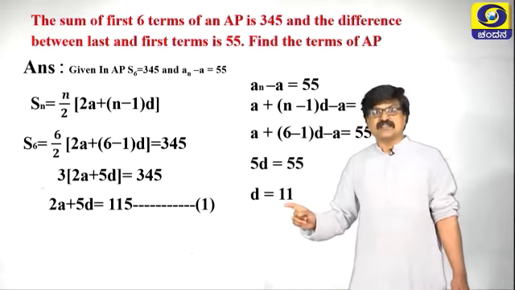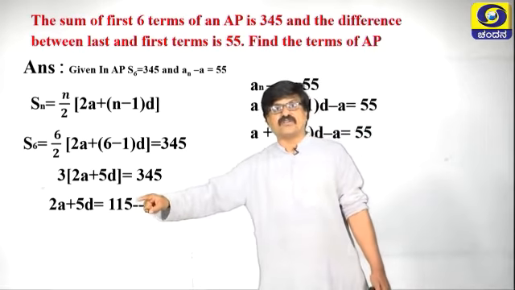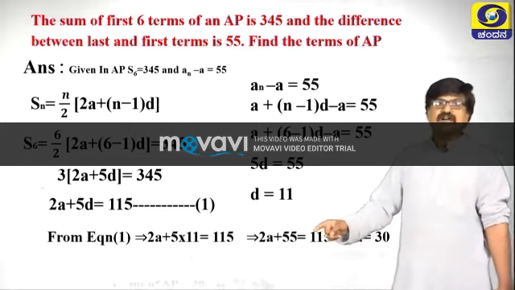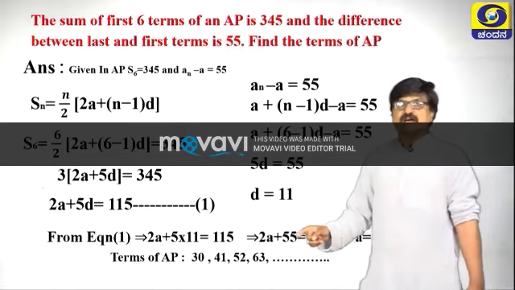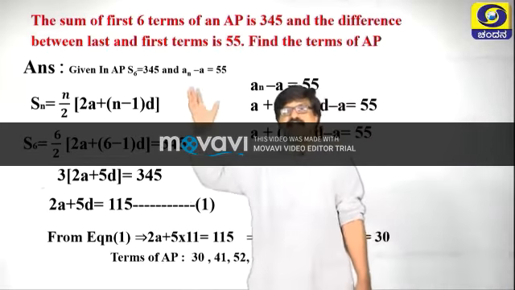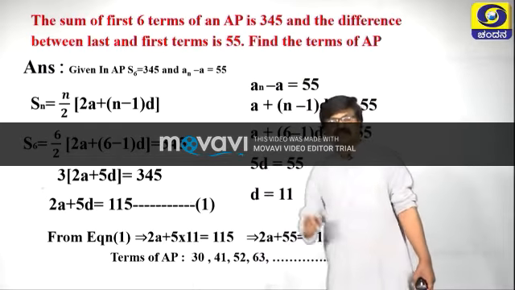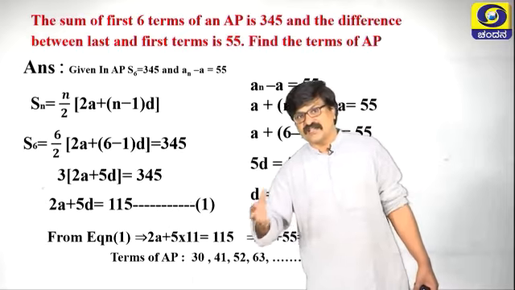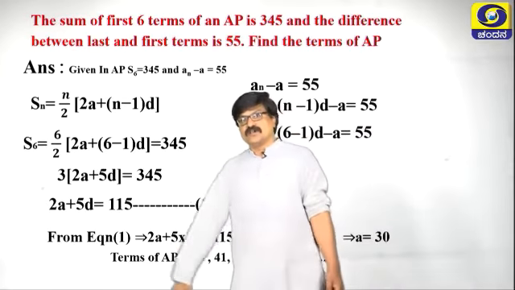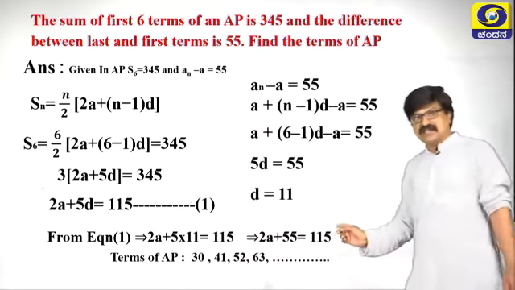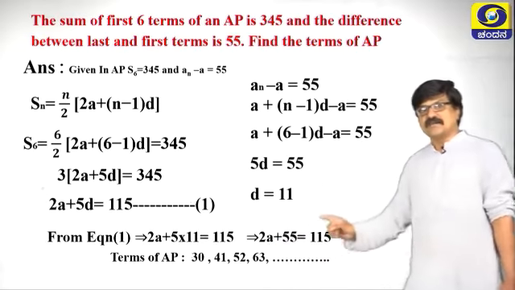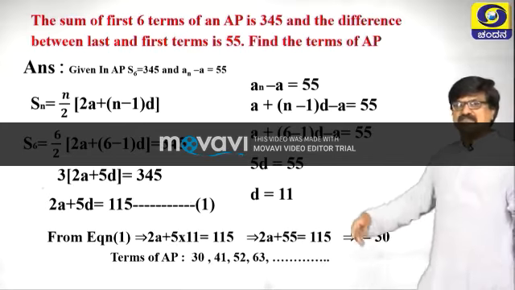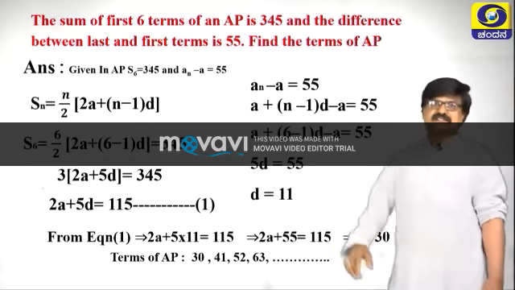So, after getting d, substitute the value of d as 11 here, and we get the value of a. After getting a, we can write the terms of the AP by using a plus d, a plus 2d, a plus 3d formula here. So, the value of a is 30 here, therefore the first term is 30, 30 plus 11 is 41, 41 plus 11, if you add, we get its next term.